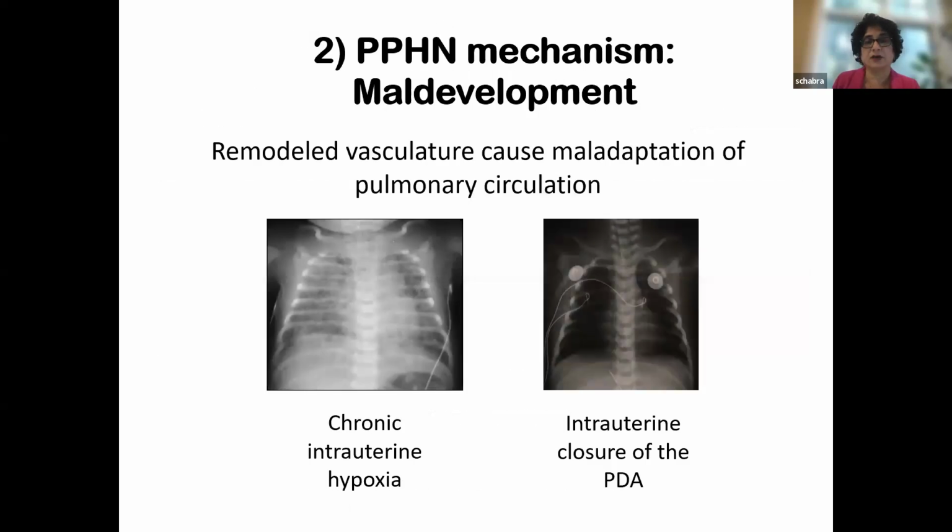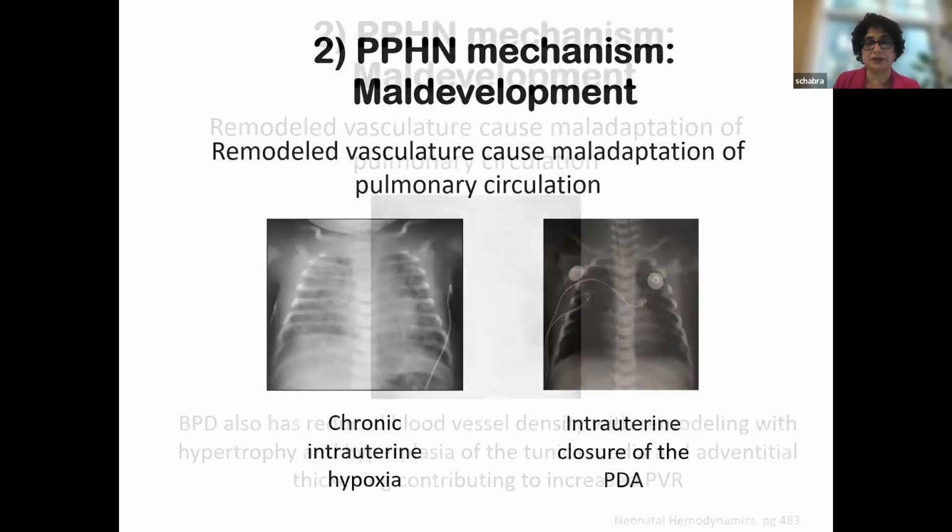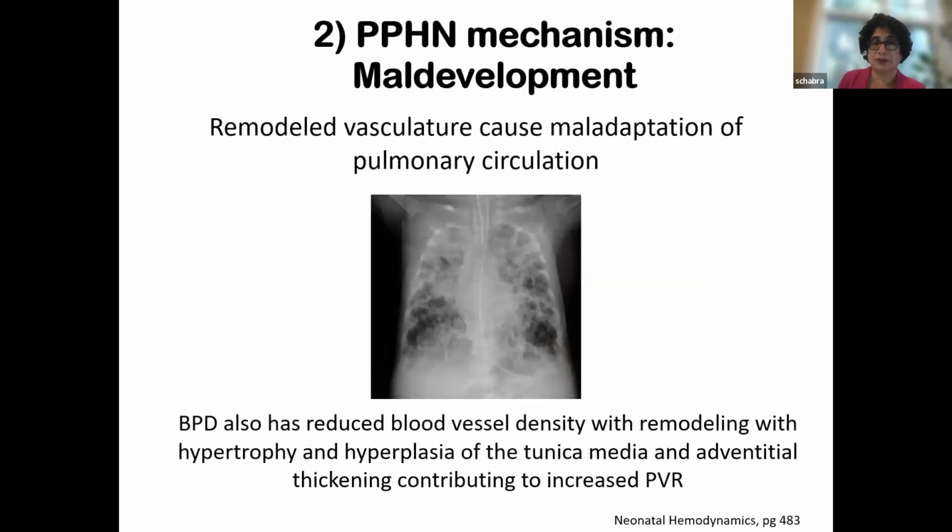You can have chronic intrauterine hypoxia or intrauterine closure of the PDA with remodeled vasculature and causing maladaptation. Or you could have BPD, which has reduced blood vessel density with remodeling and hypertrophy and hyperplasia of the tunica media.